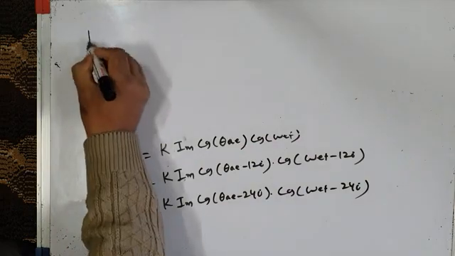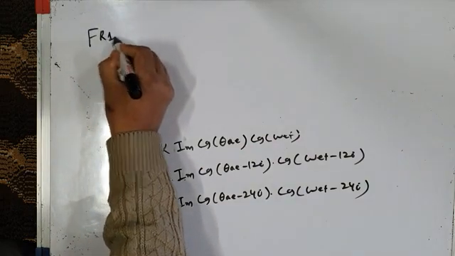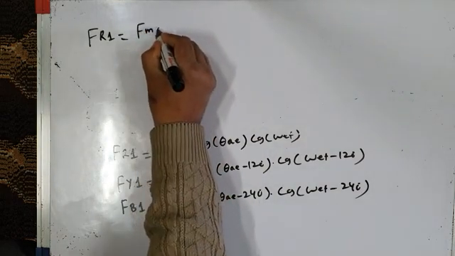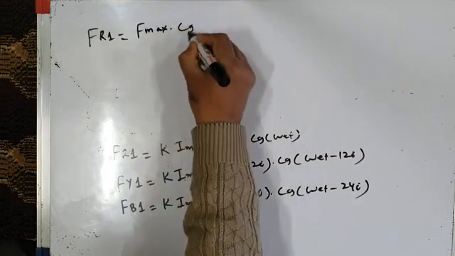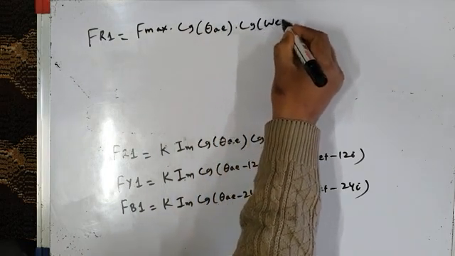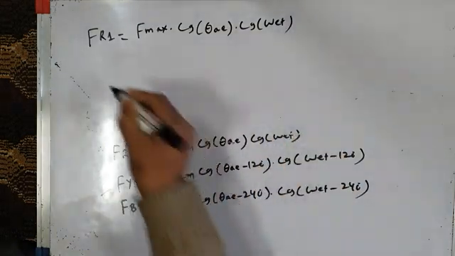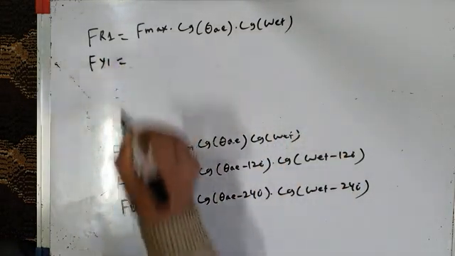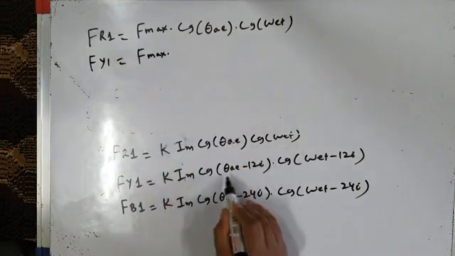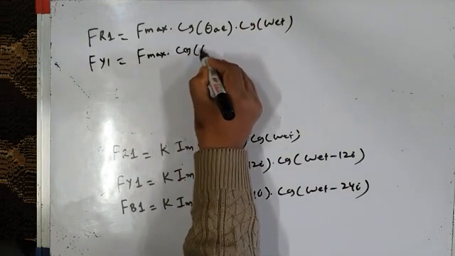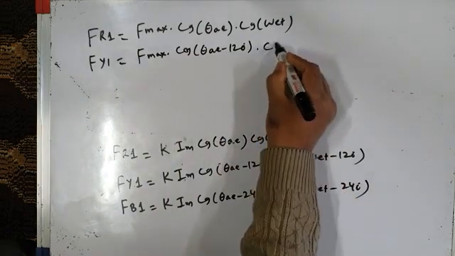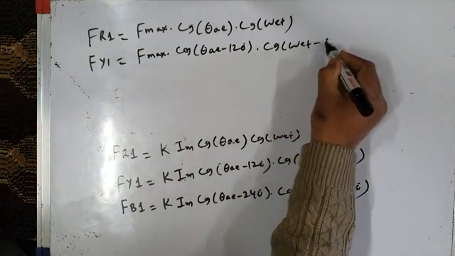So therefore FR1 can be written as K into IM, which is F max, into cos of theta AE into cos of omega ET. This is the equation. Then let us take the second equation. FY1 is equal to K into IM, again F max into cos of theta AE minus 120 degrees into cos of omega ET minus 120 degrees.